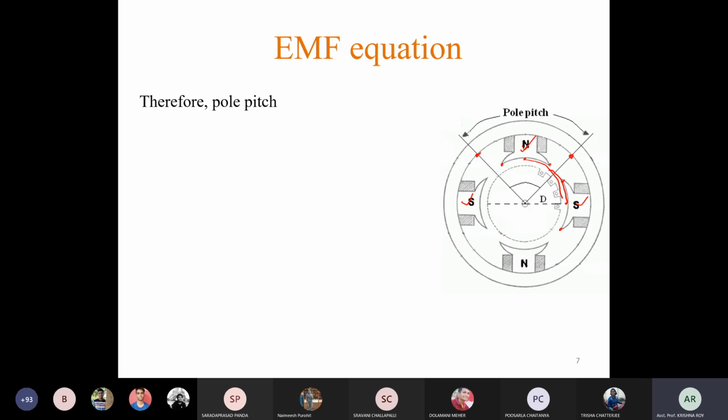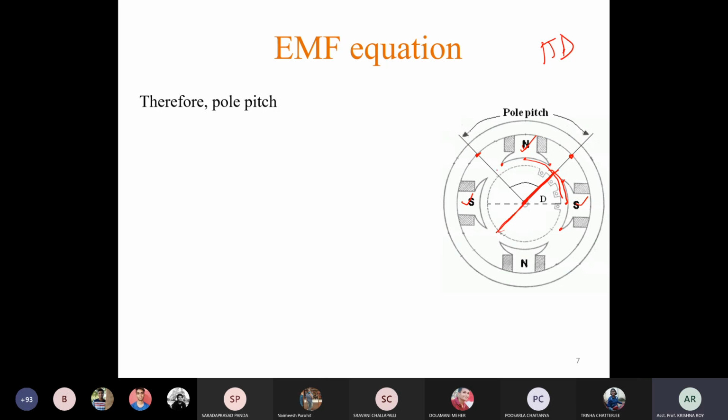So how to calculate that pole pitch? We know this distance is d by 2, or this total distance is d. So we can calculate the periphery or the circumference of this inner circle, that is the cross section of this rotor. That is nothing but pi d, or 2 pi r, if d equals 2r.